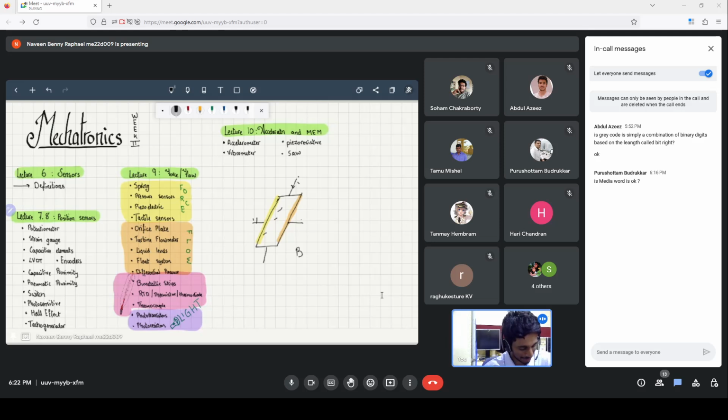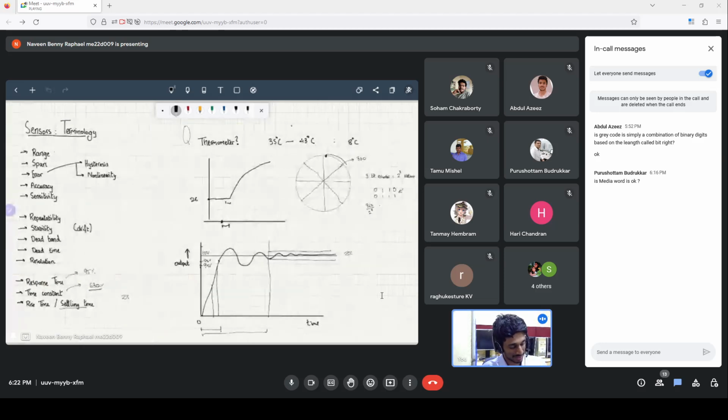Then there are differential pressure sensors, and then there are many ways you can measure temperature. Bimetallic strips are the most common. You might have seen bimetallic strips inside fire alarms.